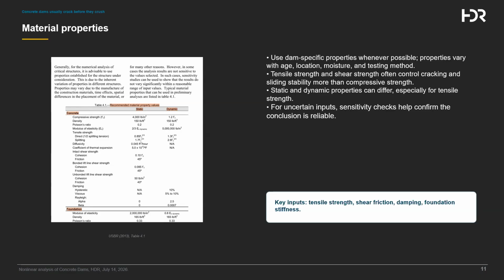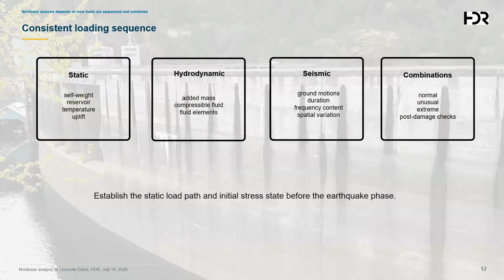And also for uncertain inputs, sensitivity checks help confirm the conclusion is reliable. Also, a reliable nonlinear analysis requires a consistent loading sequence from the initial static condition to the governing seismic or extreme load cases.